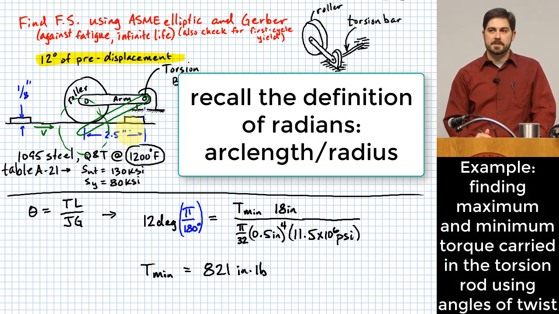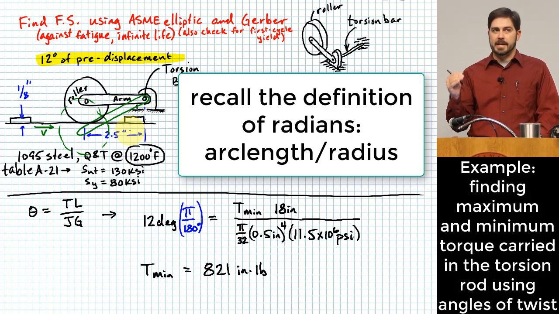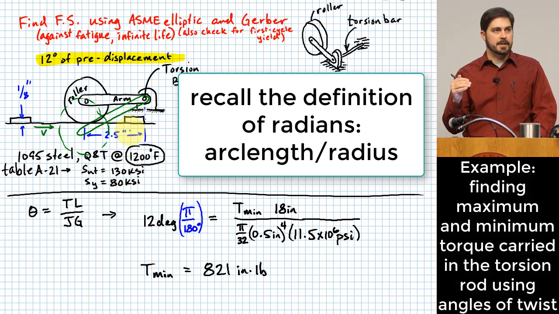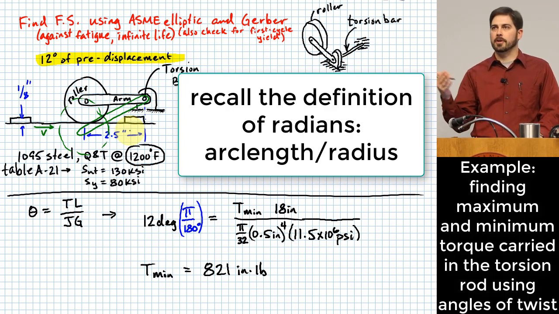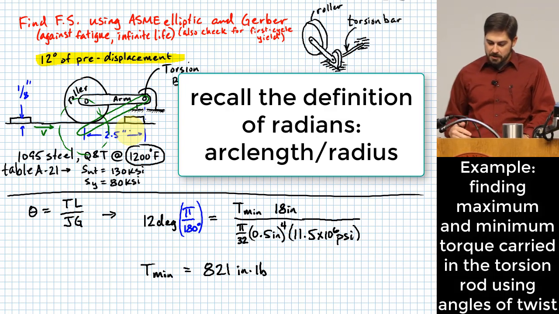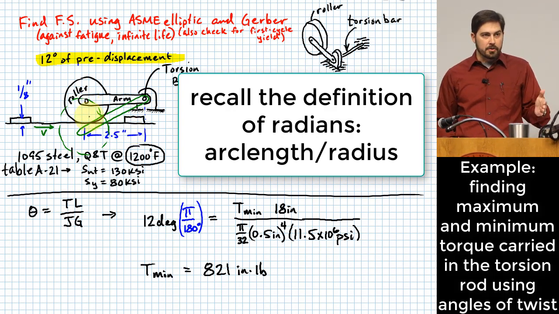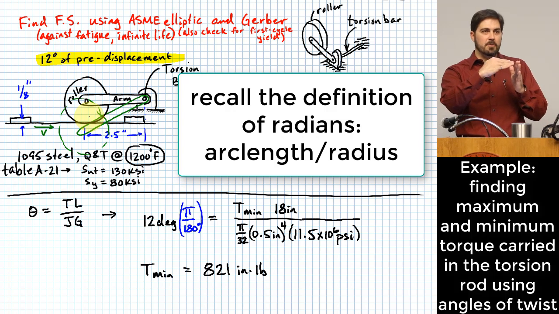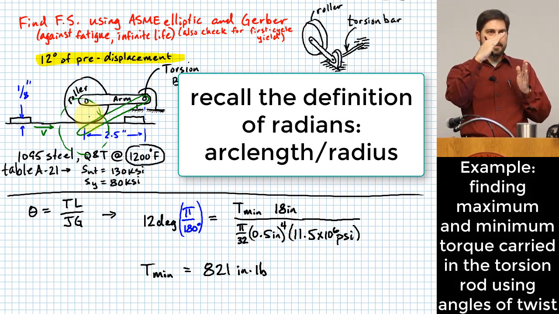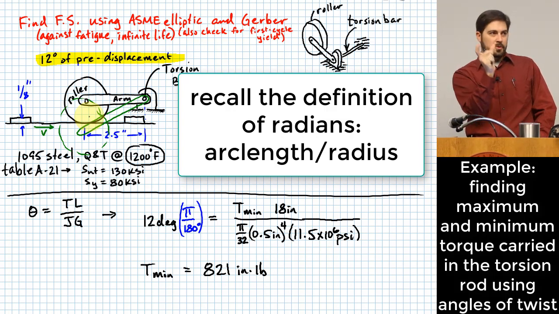Remember, radians is arc length over radius. That's how you'd measure a radian. And what we're basically trying to get there is more or less an angle based on a change in what we could think of as arc length over the radius, which is just the length of the arm.